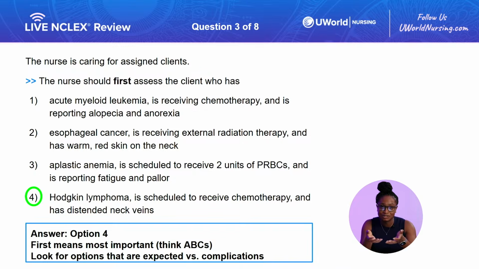With chemotherapy, we have a lot of side effects, and one of those can be alopecia and anorexia because they just don't have the energy to eat, they lose a lot of weight, and they get sick a lot. So it is an expected finding as a symptom of chemotherapy. So the correct answer is option 4.